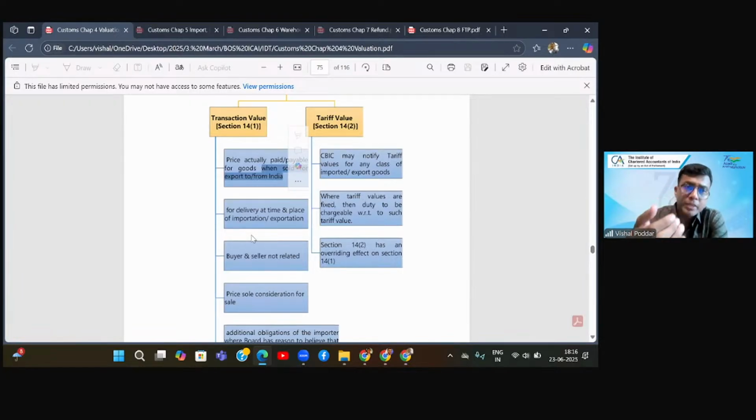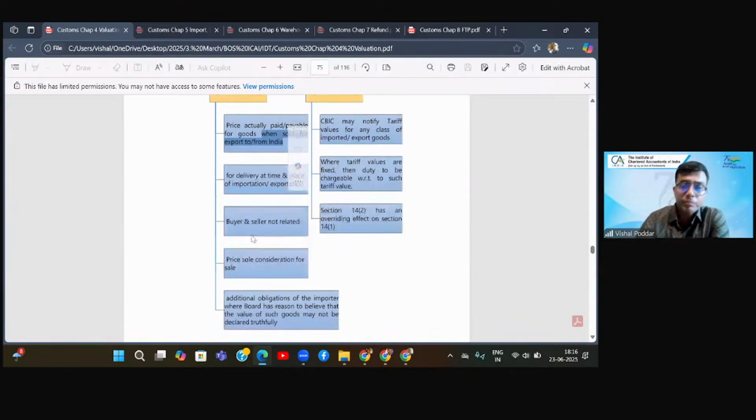So again, my price for India cannot be comparable with my price to other countries. So this is the first important aspect you need to keep in mind: valuation in customs has to be value at your doorstep, which you will come to know from the second point. And most important, it is the international price for export to India only.